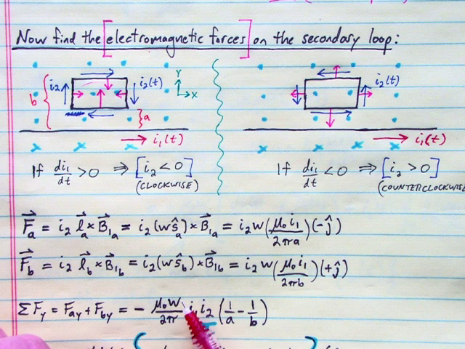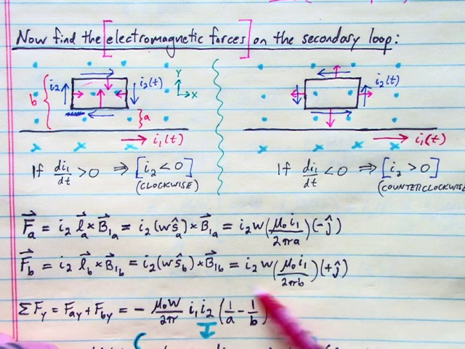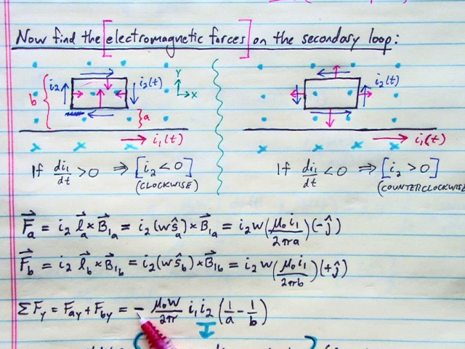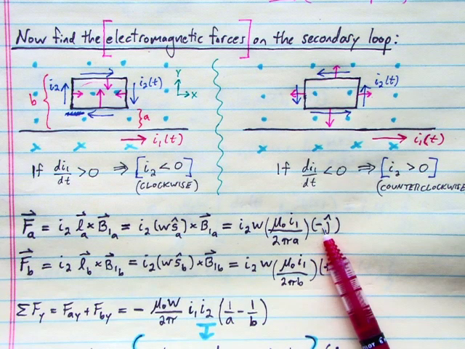There's a mu naught W over 2 pi that comes out. I1, I2, the product of those two currents. And then there's this. Note that since A is smaller than B, this term is positive. And then there's that negative sign sitting out front, which came from this negative sign up here.